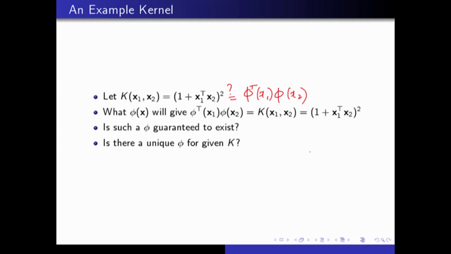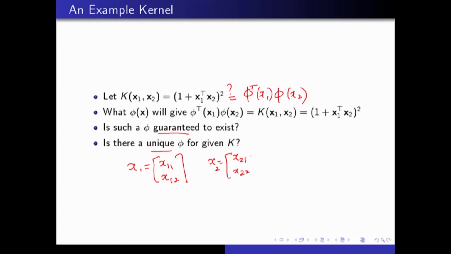Is such a phi guaranteed to exist for any arbitrary choice of k that I come up with? And is such a choice unique? We'll attempt to answer at least the first question now. We can assume for the time being that these points x1 and x2 are in 2 dimensions. The extension to multiple dimensions is very straightforward, as we will see subsequently.